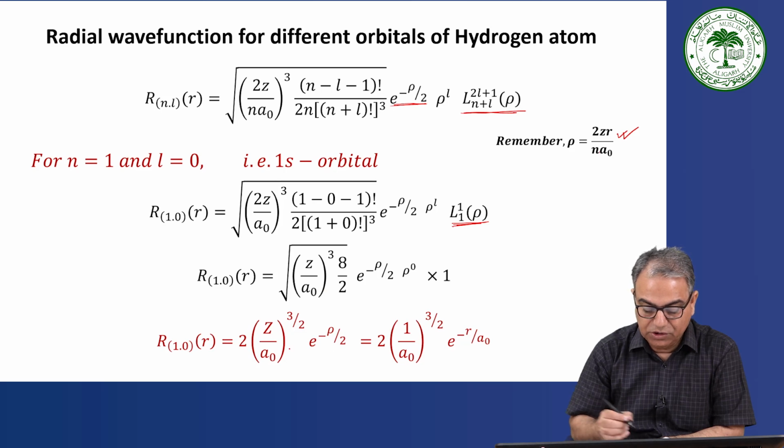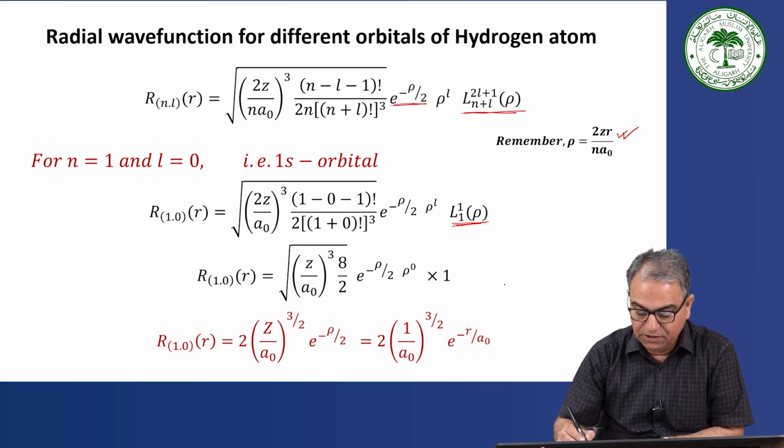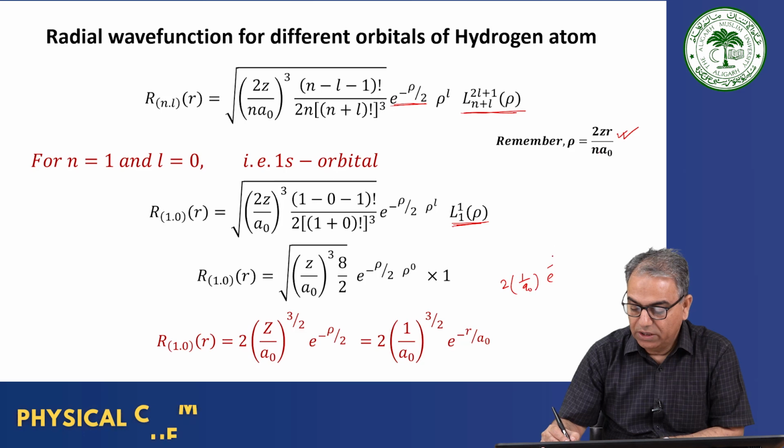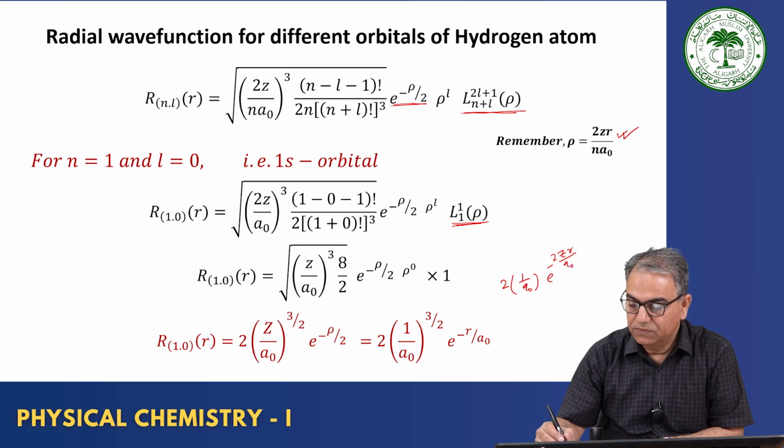So what does it mean? It means 2Z is equal to 1 by a0, exponential minus rho, and rho is what? Rho is 2Zr divided by n a0, with n equal to 1. Into 2, because rho divided by 2 is there.